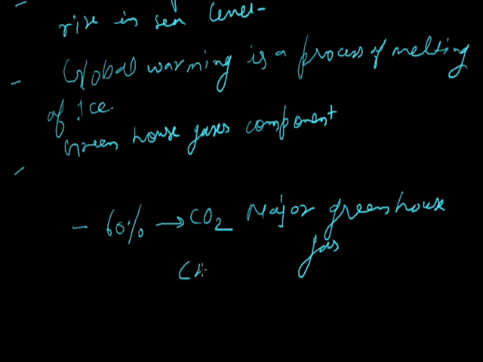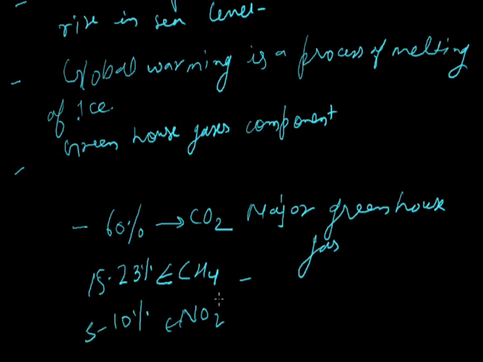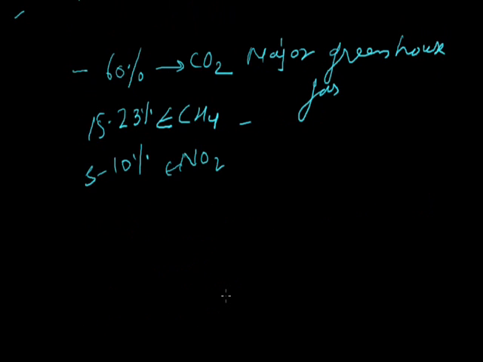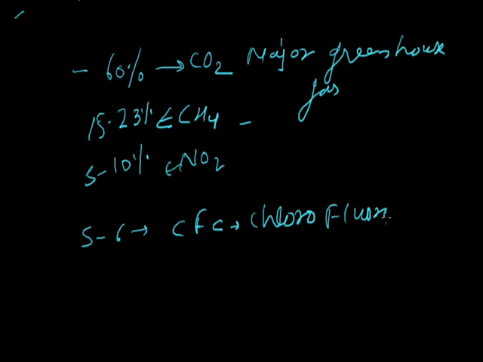Then the natural gas, methane, is a part of 15 to near about 23%. Then nitrogen oxide, 5 to 10%. Then near about 5 to 6% is CFC. The term is chlorofluorocarbon.